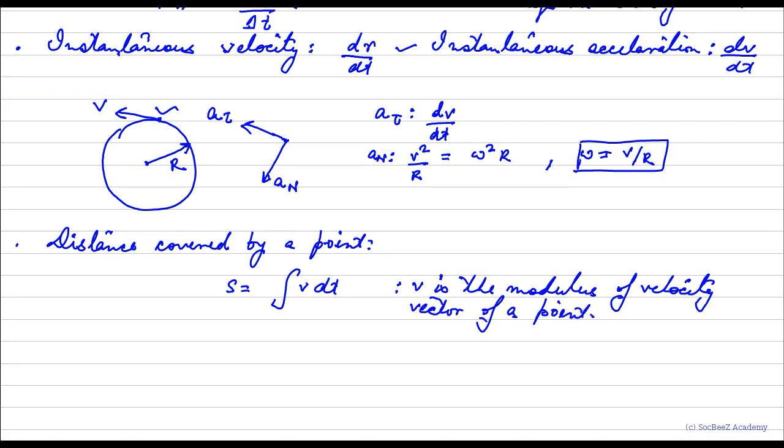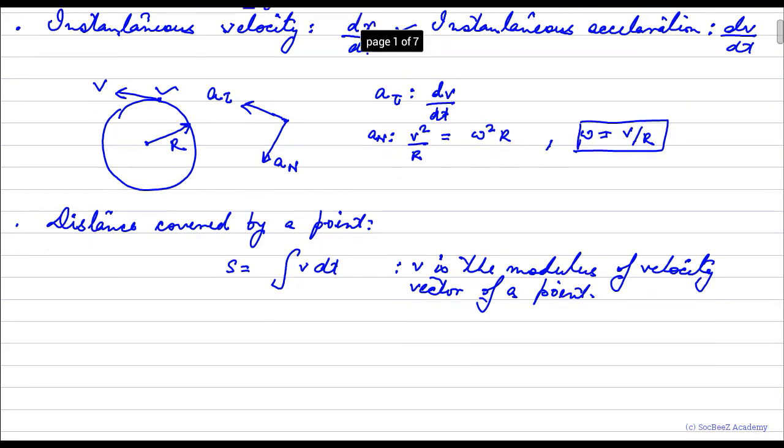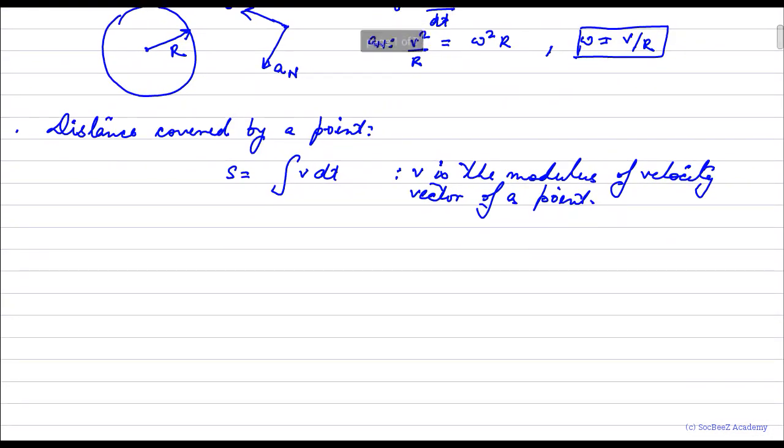Now let us talk about the angular velocity and angular acceleration of a body. Angular velocity of a body is given by the rate of change of the angular displacement.